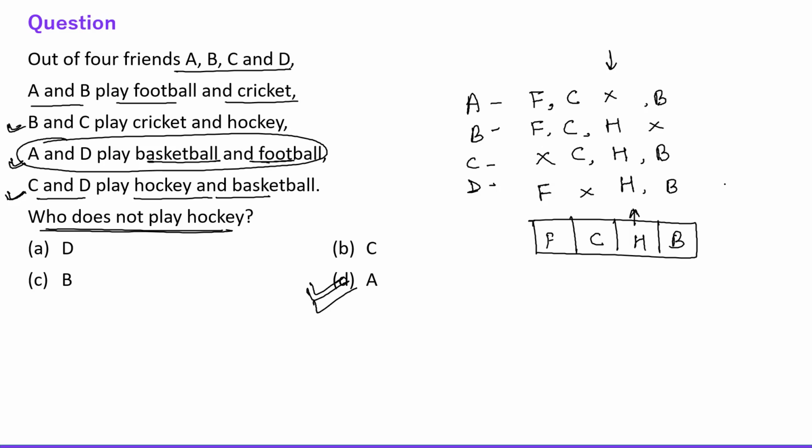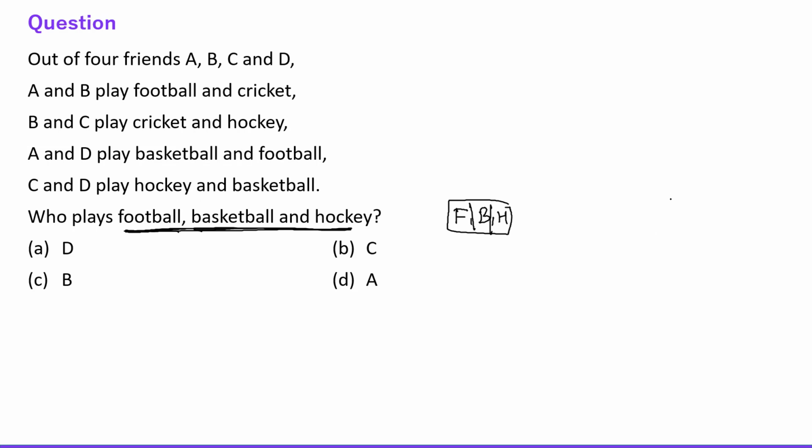Here, D. So FBH is there in D. So D is playing football, basketball and hockey, right? So just mark D option. D is the correct choice, which is A option, right? Now let's move to the other one.